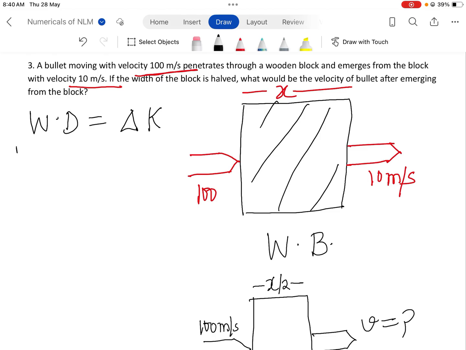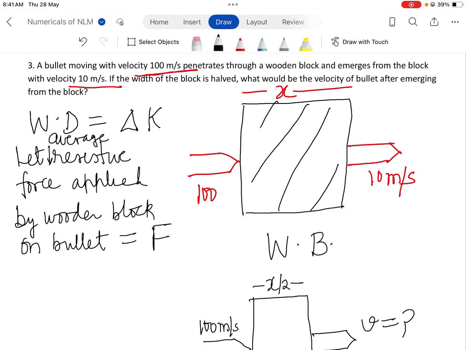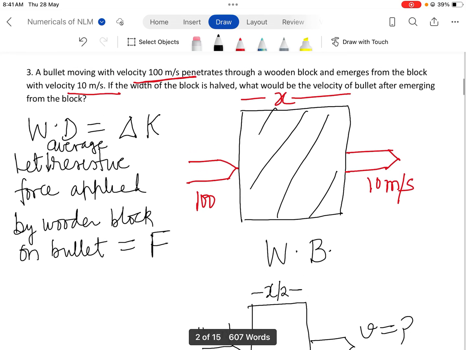So you assume, let the average resistive force applied by the wooden block on the bullet be F. It's clear.